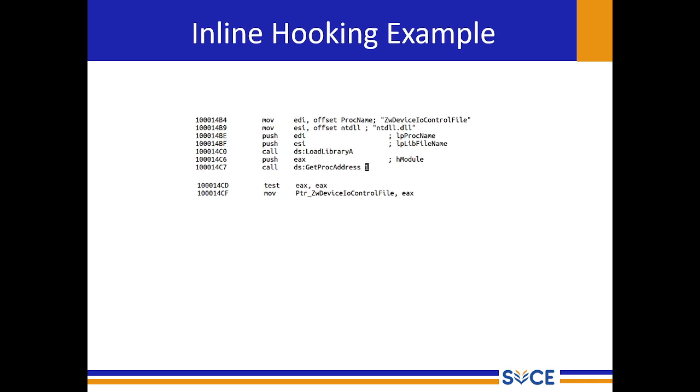Inline hooking example. The example of the inline hooking of the ZwDeviceIoControlFile function is shown here. This function is used by programs like netstat to retrieve network information from the system.